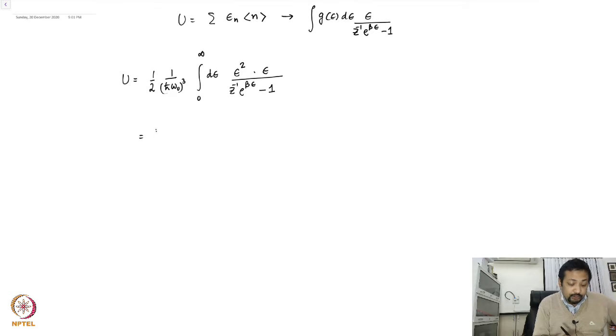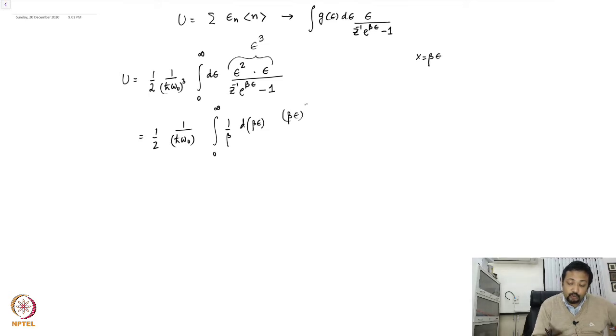Now, as usual, we use the transformation of variable x equal to beta epsilon, so that I have 0 to infinity 1 over beta d of beta epsilon, and then I have an epsilon cube over here, so that makes it beta epsilon whole cube, and I have 1 over beta cube, z inverse e to the power beta epsilon minus 1.